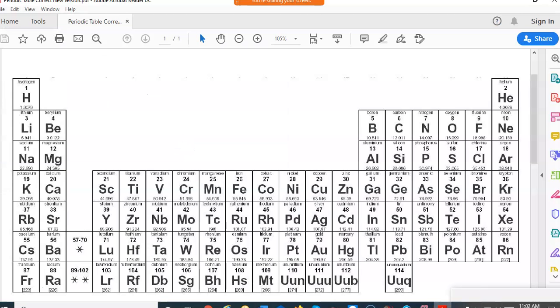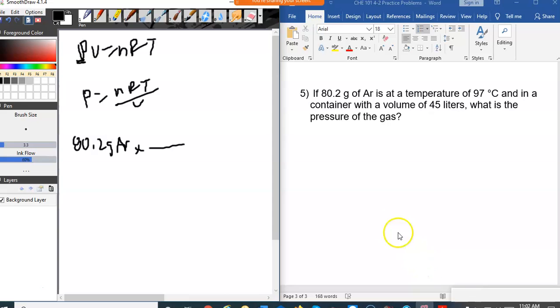The molecular weight of argon is 39.9. 39.948 is actually the value, so we'll just keep it exactly how it was. You can see I like these problems within problems. It's also just to keep you on top of doing all these conversions. So it's 2 moles. So let's go back to our ideal gas law.